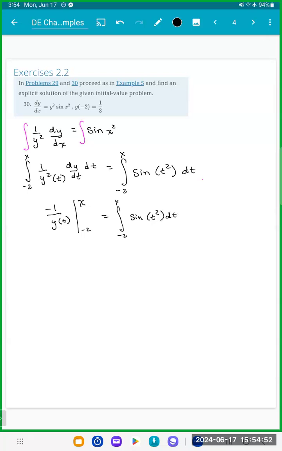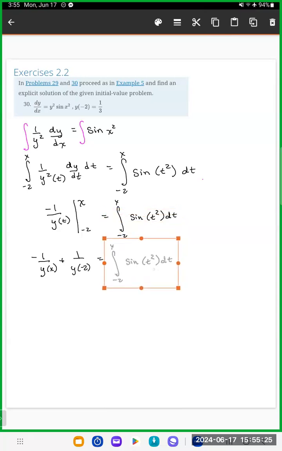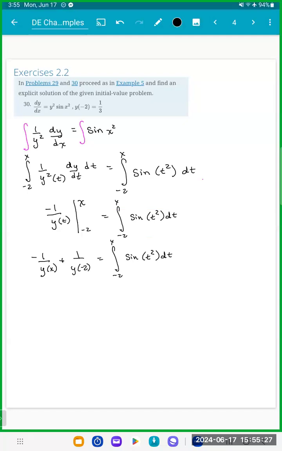Okay. So when we do that left-hand side, when we integrate that, that's going to be our -1 over y of x plus 1 over y evaluated at -2. That is equal to, we're still just keeping our right-hand side the same.